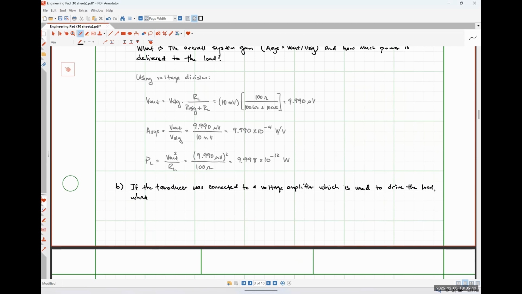What would the overall system gain and power delivered to the load be if our amplifier's voltage gain is 1,000 volts per volt, which is actually a pretty modest voltage gain, our input resistance were 10 kilo ohms, and our output resistance was 1 kilo ohm.